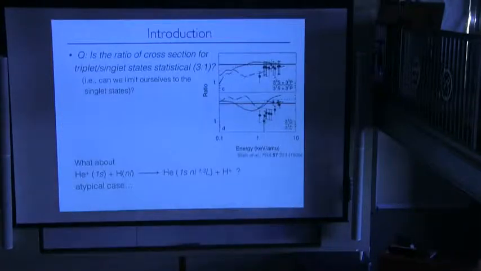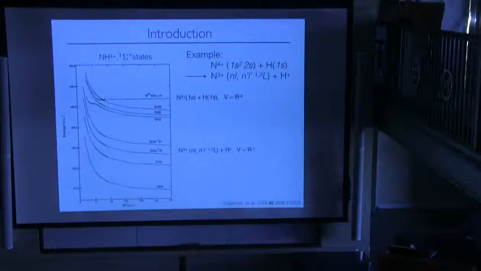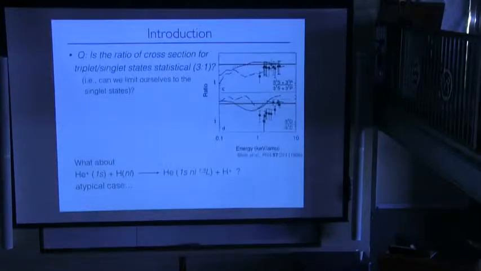And so the question is the ratio of cross-section for triplet relative to singlet state, because you can form either triplet or singlet state during the collision. Is it statistical, so is it 3 to 1? And as I'm sure you know, the answer will be no. Here is an example again for this N4+ plus H collision that I mentioned, with some experimental values here and here.